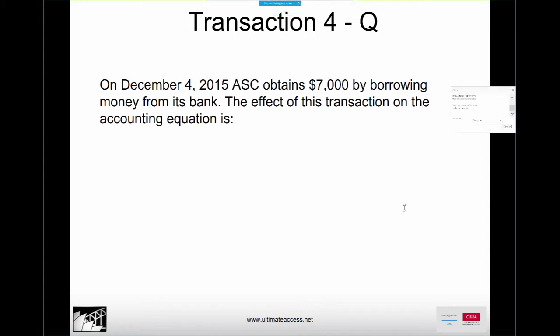Cash, debit, bank, credit. Is there a particular name you will call that credit? Is it a bank loan account or just bank? Yeah, so debit cash because we are getting money here. And credit, yes, bank loan account.